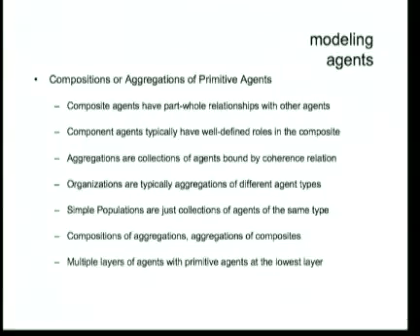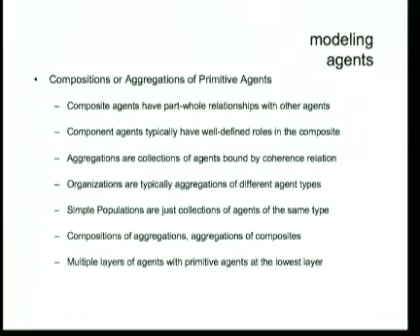The most common kind of aggregation you're going to find are simple populations. And those are just collections of agents of the same type. A lot of times you want to put agents in an environment and run the simulation and then look at the characteristics of the population as a whole. Take statistics or count or measure in some other sense aspects of the population.